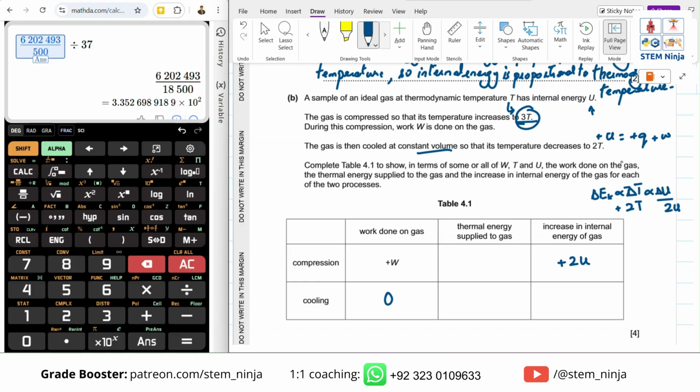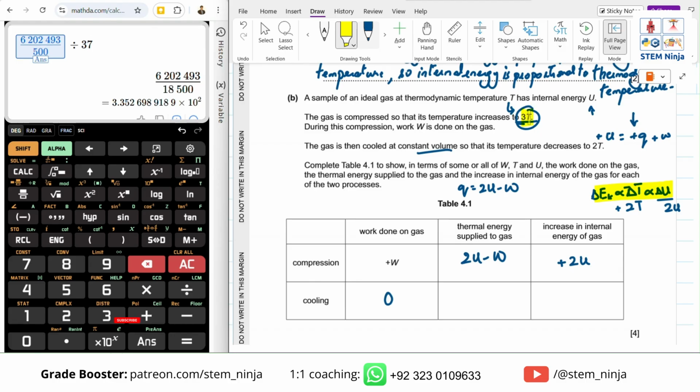Now thermal energy supplied to the gas. We need to figure out this one. So for Q, we need to do ΔU minus W. So that is 2U minus W. Again, where is this coming from? We already discussed that the kinetic energy component is coming from the thermodynamic temperature.